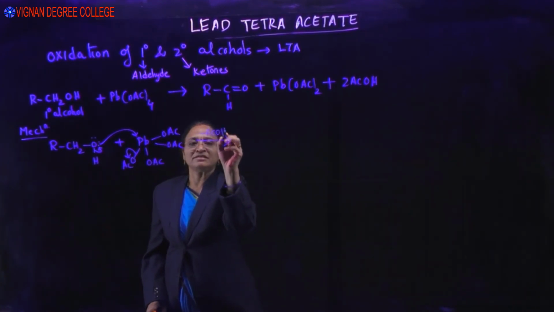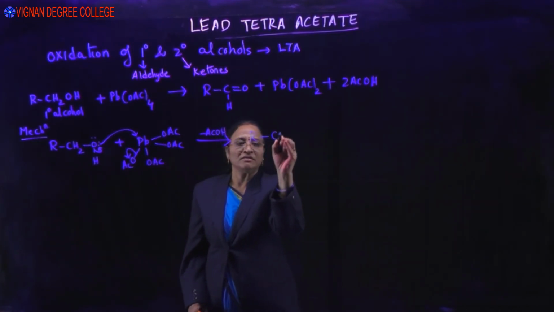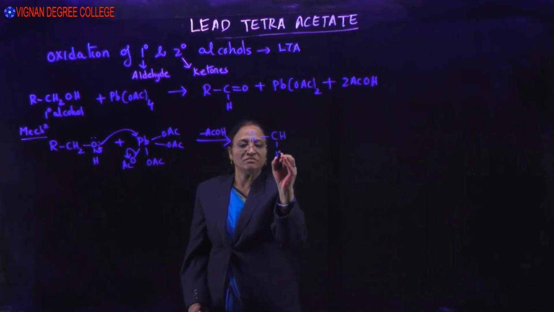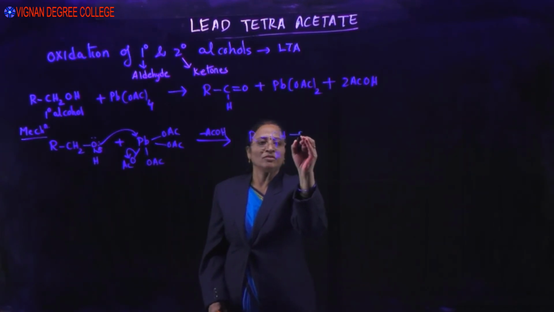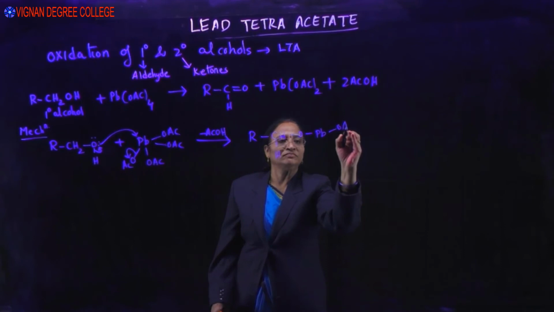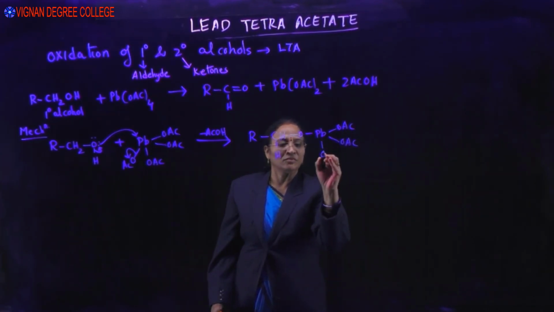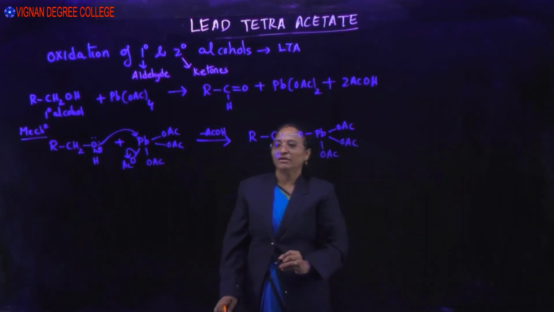So acetic acid is eliminated, forming RCH2O acetate.